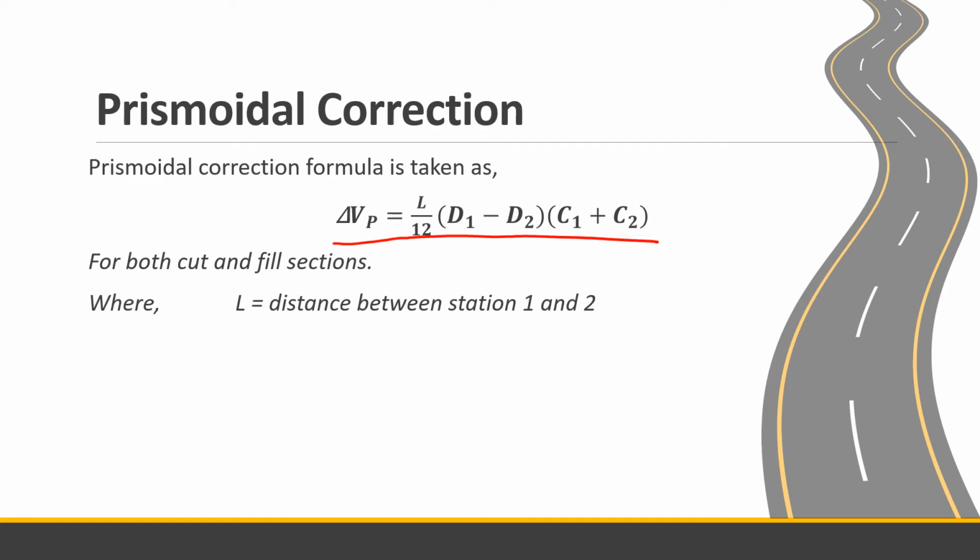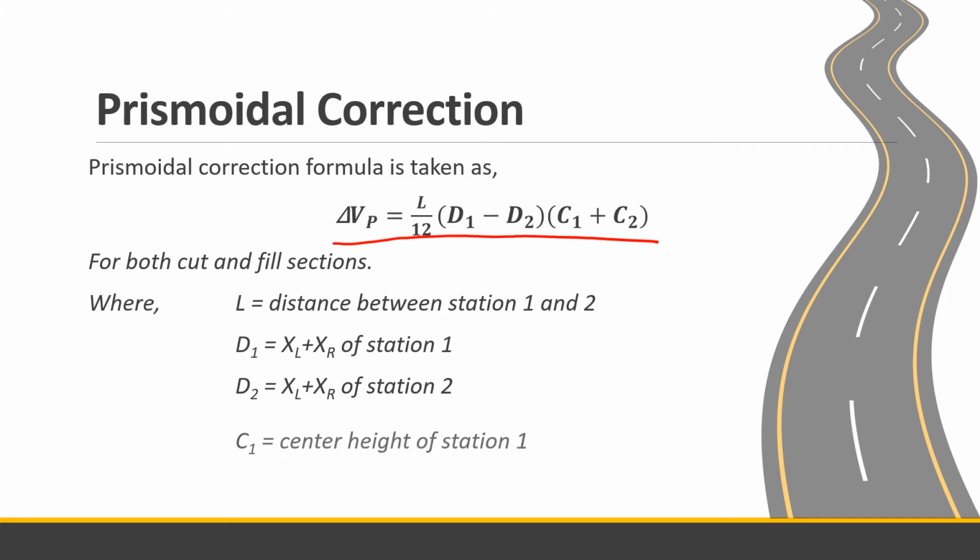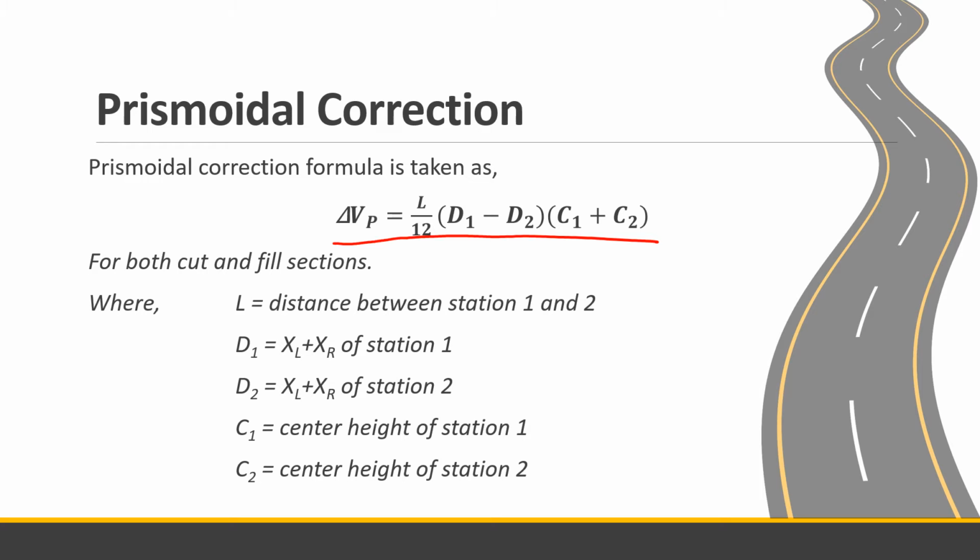Where L is the distance between station 1 and 2, so that is the full station, and D1 is XL plus XR of station 1, so that is the total width of the road, and D2 is XL plus XR of station 2, and C1 is the center height of station 1, C2 is the center height of station 2.